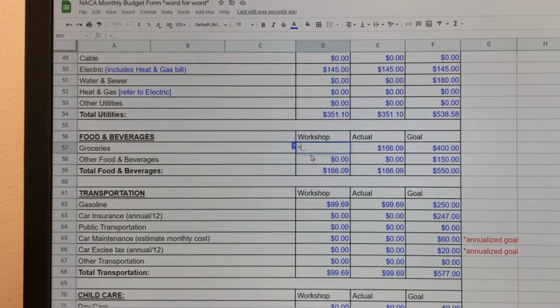Okay, groceries. This one is going to be long.